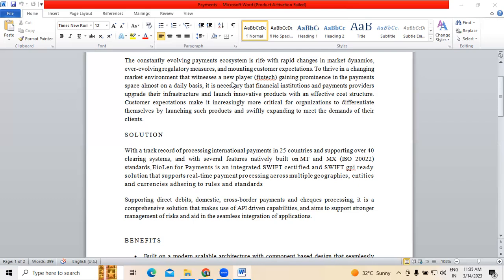And they have to make sure that whatever API-driven capabilities they develop will support stronger risk management and aid in the seamless integration of the application, because multiple integrations of applications within the organization are important. Whatever application we develop should be able to integrate with other applications without any hassle, so that end users can use this application effectively. So this is, on a high level, what they have mentioned under the solution. Is it clear? Understood?